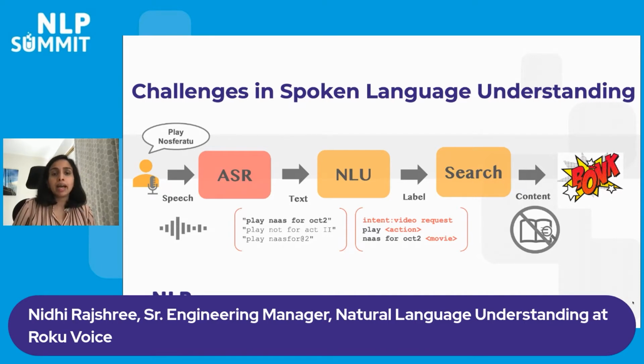And no matter if the natural language understanding system picks up other contextual cues here, play probably is associated with video more, and so on and so forth, and still identifies the correct entity spans and things like that, it won't be able to fulfill it because there's really no movie called NAS for OC2.